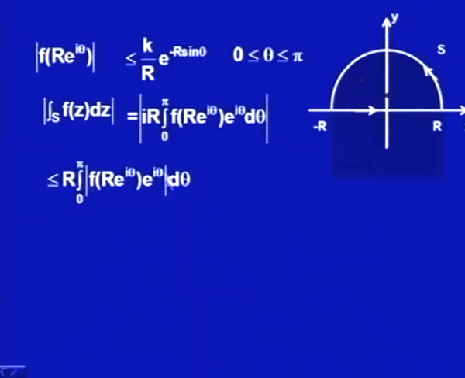Since this is less than or equal to, the integral would also be less than or equal to r times the integral from 0 to pi of k upon r e to the power minus r sin theta d theta, and this k upon r is a constant, so we take that out. So, we will get less than k times the integral from 0 to pi of e to the power minus r sin theta d theta. Now, for this integral from 0 to pi, we would use our Jordan's inequality, and that says it is k times pi upon 2r.